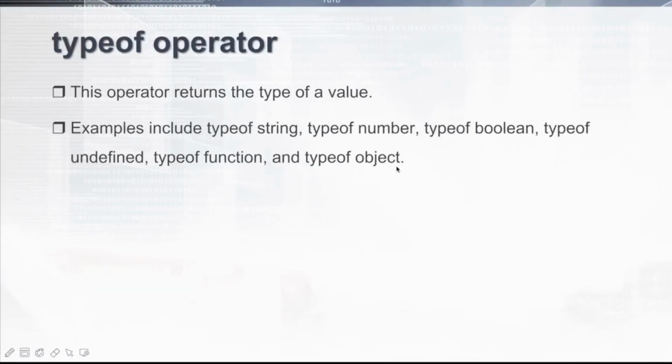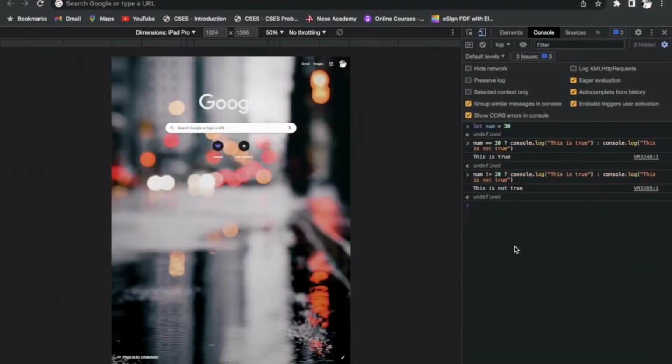Then the next operator we have is the typeof operator. In one of our videos, we treated data types. We mentioned that we have the primitive data types, which are about 6, and we have the structural data types. The typeof operator is used to check for the type of data you are dealing with. If we have this variable num, I can do typeof num, and you can see we have number.